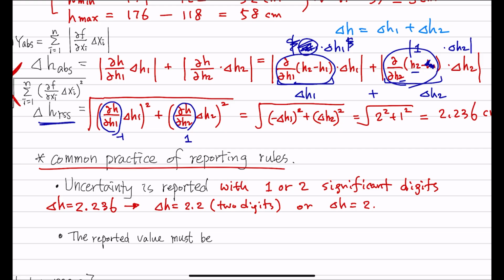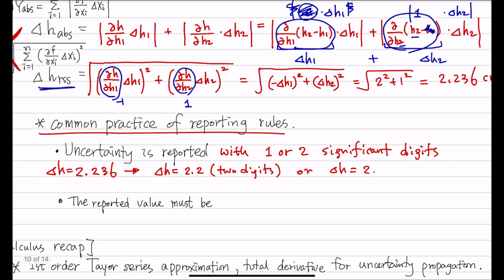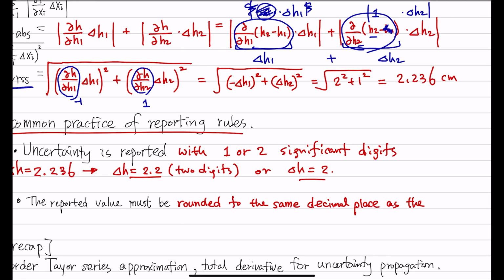And it depends on the application or depends on the field. Some fields want to have more accurate values. They accept 2 digits. Some want to be more conservative about these, and they just accept one significant digit there. And so based on these, depending on those cases, the reported value must be rounded to the same decimal place as the uncertainty.